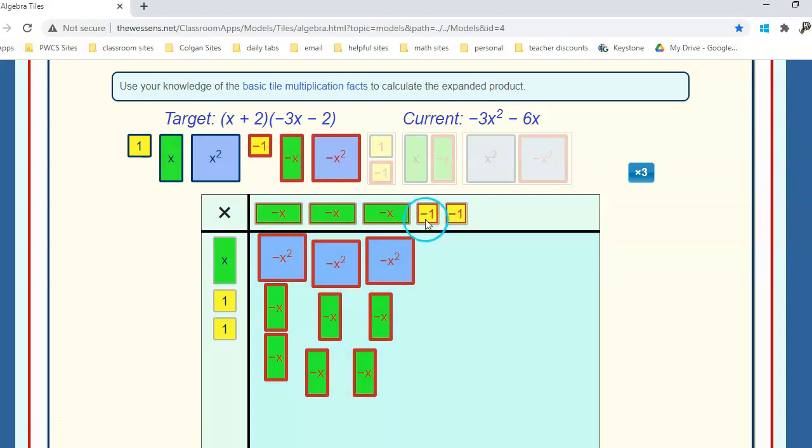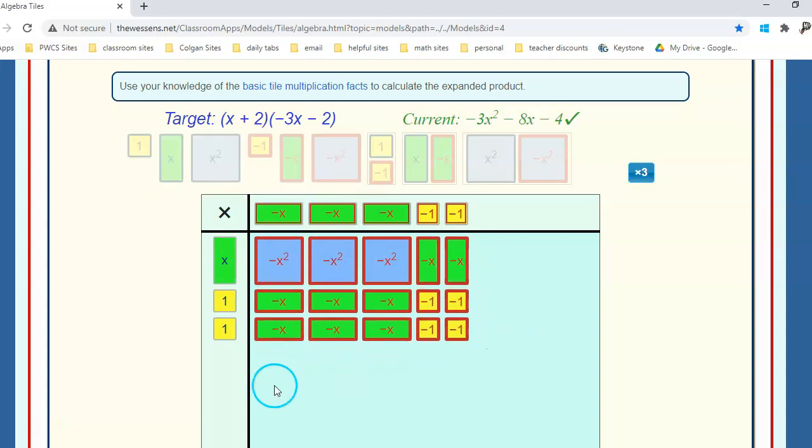And then a positive 1 times a negative 1 is going to be a negative 1. Oh, I forgot 2 of them. This x times these 2 negative 1s give me 2 negative x's. Oops. There we go. So when I put all of that together, x plus 2 times negative 3x minus 2 is negative 3x minus 8x minus 4.